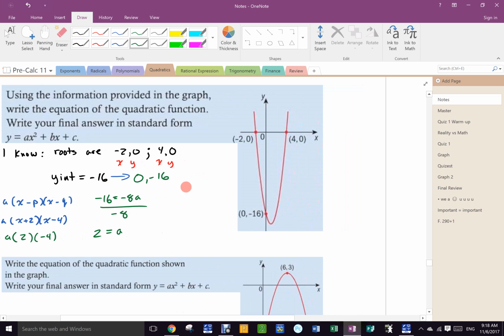So now I have y equals 2, x minus 2, x minus 4. Is that the final form I want? No, what's the final form that I want? Standard form.